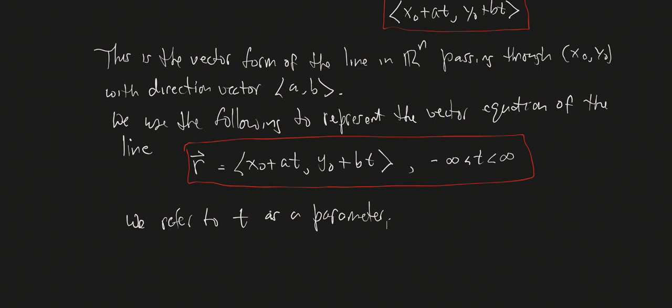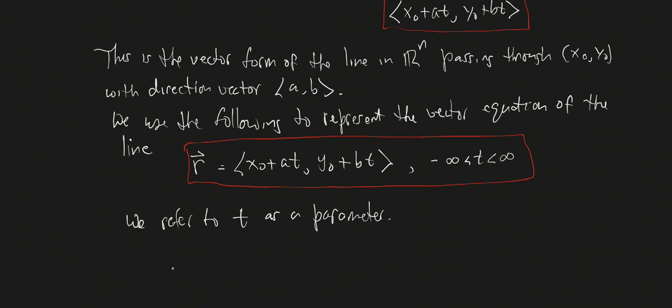What else can we say with this? Well, now that we have the actual vector, remember, a vector in 2 dimensions has an x component and a y component. So what this vector is telling me is that for all the points on this particular line, the x values can be determined by the expression x0 plus at, and all the y values can be determined by the expression y0 plus bt.